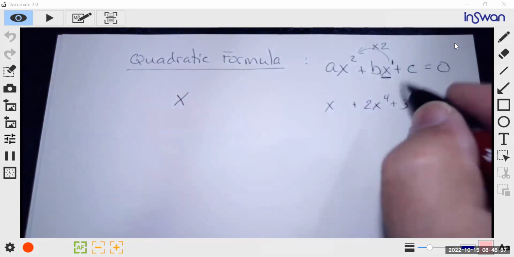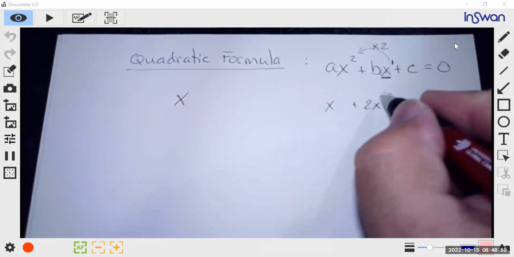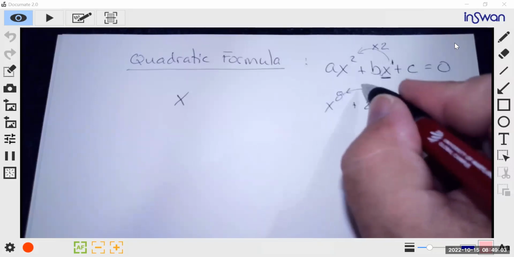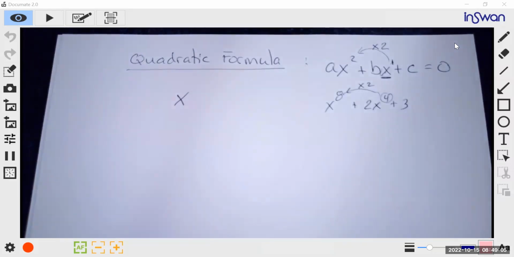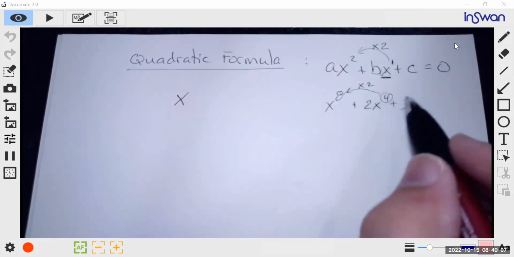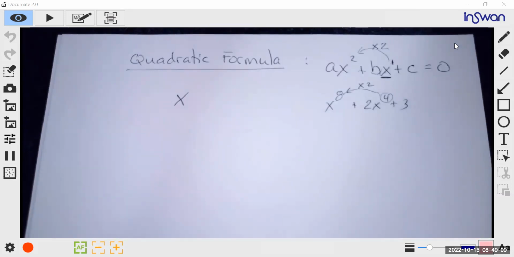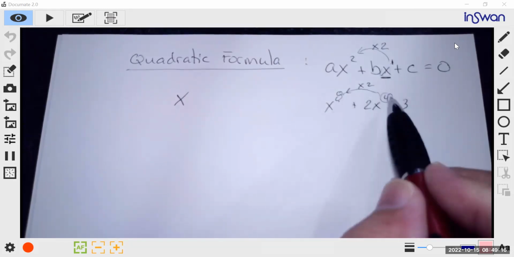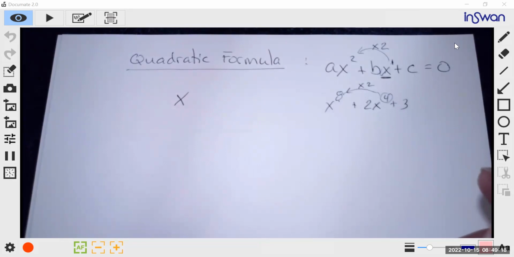Multiply by 2. So if that's a 4, this one would have to be an 8 because you have to multiply by 2. If it's in that form, then you could use the quadratic formula. As long as the first x is 2 times bigger than the middle x, then we're in good shape.